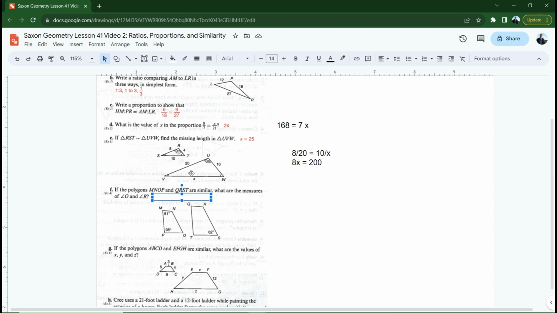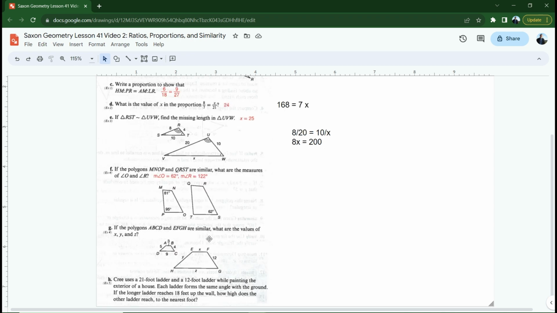So 81 plus 95 is 176, plus 62 is 238. So I do 360 minus 238, which gives me 122 as my last angle here. So angle R is going to be 122 degrees.